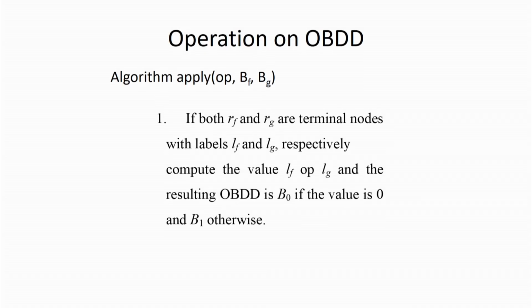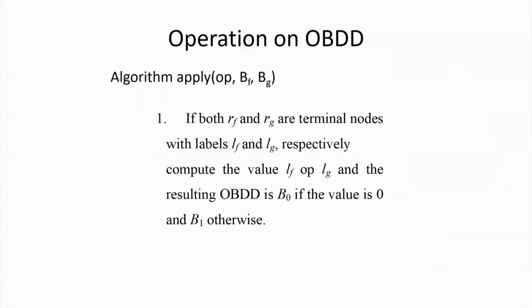Now, how does the algorithm work? If BF and BG are terminal nodes with labels LF and LG respectively, compute the value LF op LG, and the resultant OBDD is B0 if the evaluation is 0, or B1 otherwise. What does it mean? I have some construct, say this is x, with 0 and 1.